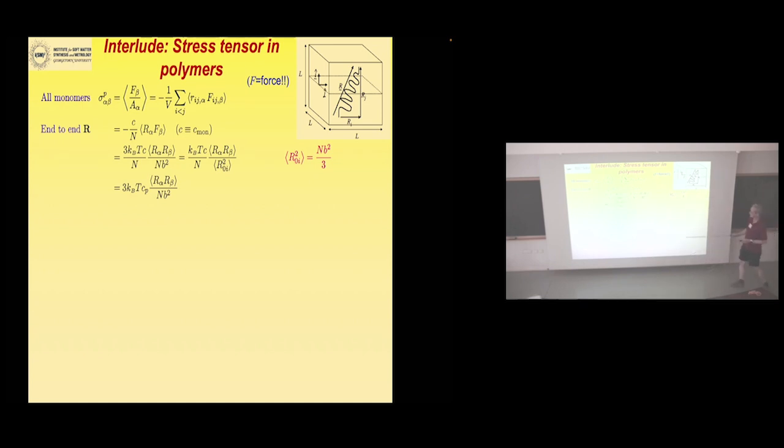If we do the algebra, which I'm not going to do, we end up getting a stress which is related to the end-to-end distance squared divided by its initial end-to-end distance, where I've bundled together my monomer length times b squared into my average end-to-end distance to begin with, multiplied again by kBT times c over n.